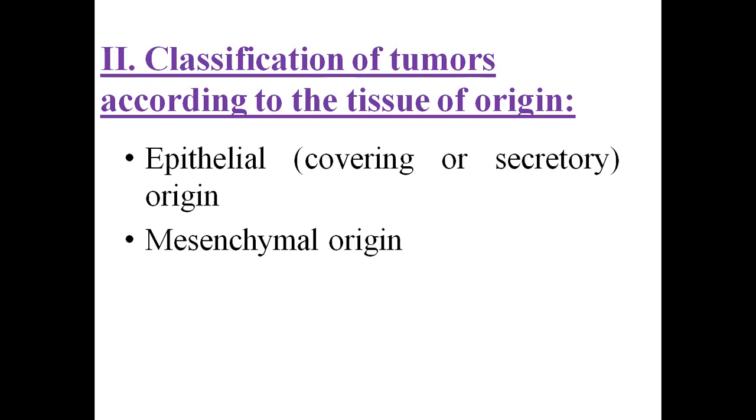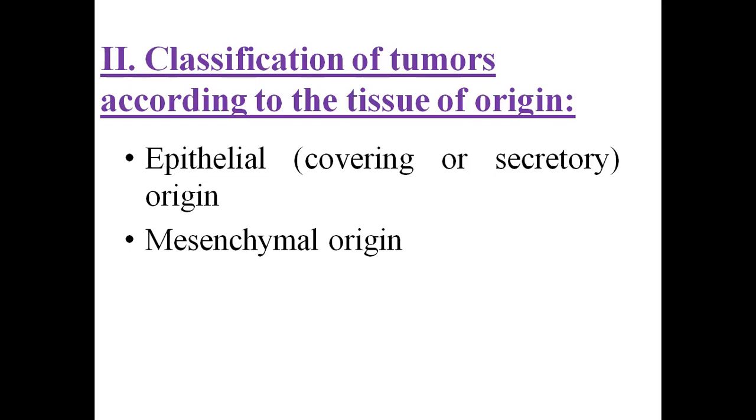Okay. Also, we mentioned that there is another classification. Some scientists classify tumors according to the tissue of origin, because some tumors arise from the epithelium. Epithelium is the cells that line or cover the body organs, like the skin, okay, like the lining of the gastrointestinal tract.